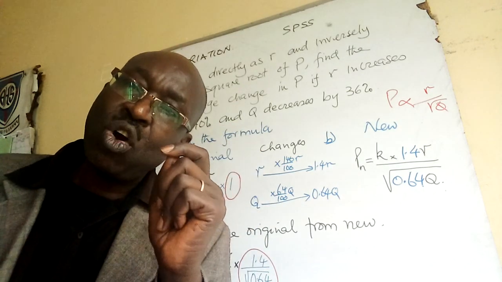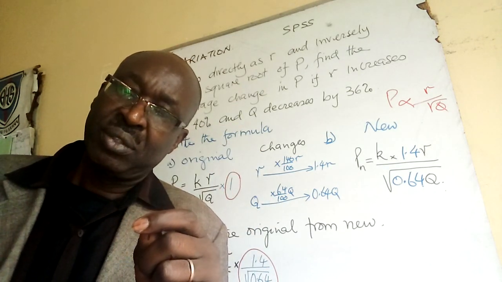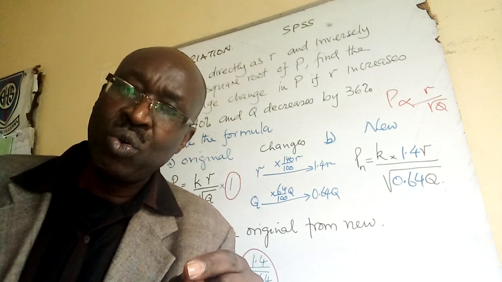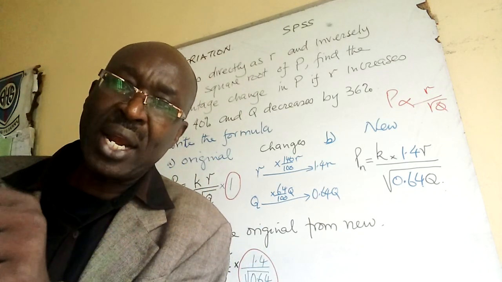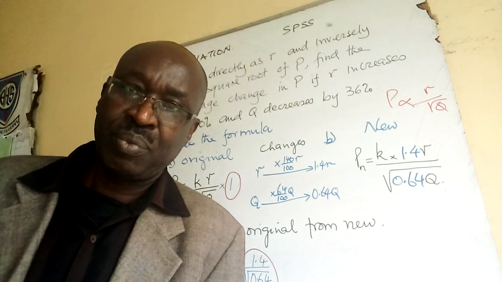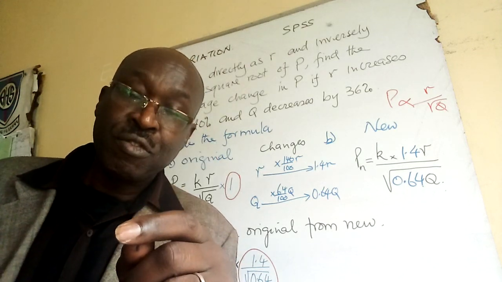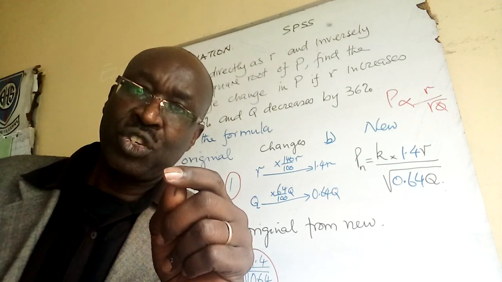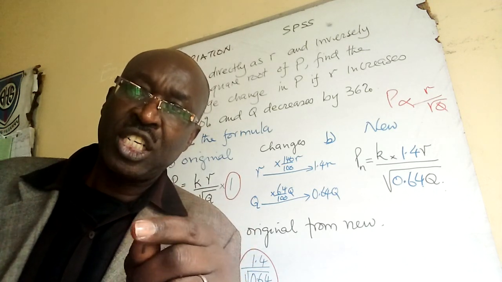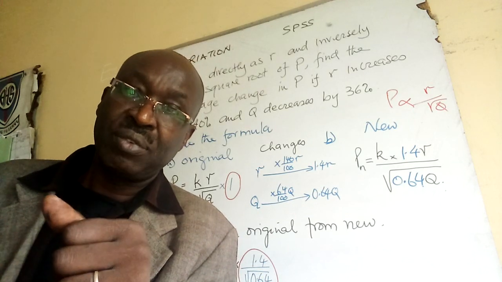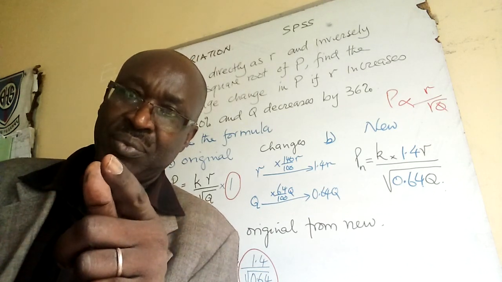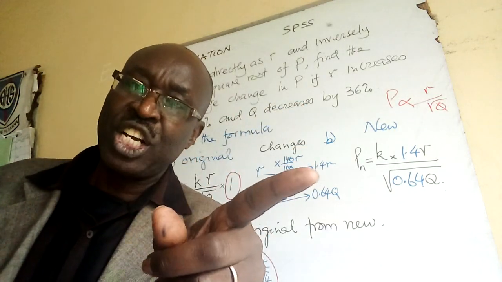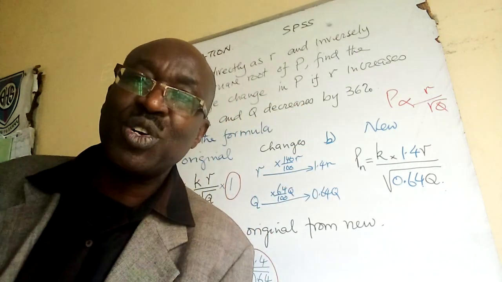Then it will always be the blue in the new minus 1 times 100. So if the new change is less than 1, you get negative. If positive stands for increase, the negative stands for decrease.